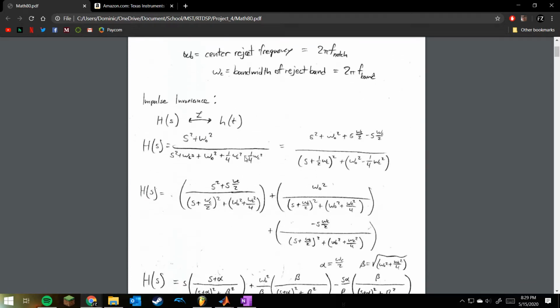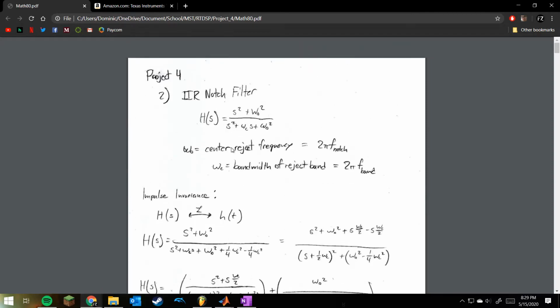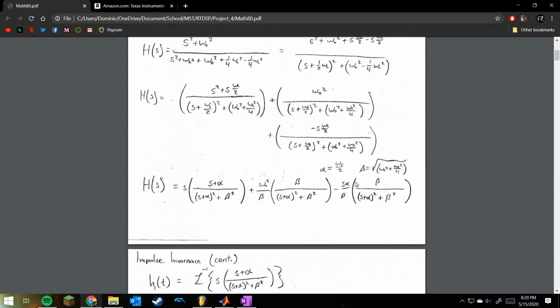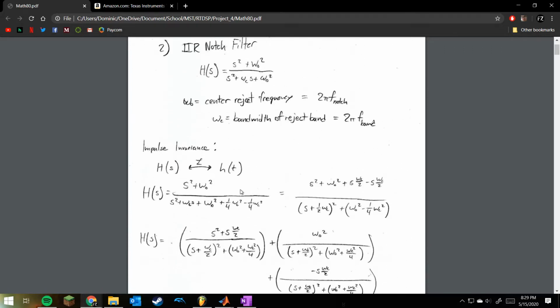So the first thing we do here is just set up the S domain transfer function to a form that can easily be inverse Laplace transformed via the Laplace transform pairs. And we do that by just some algebra.